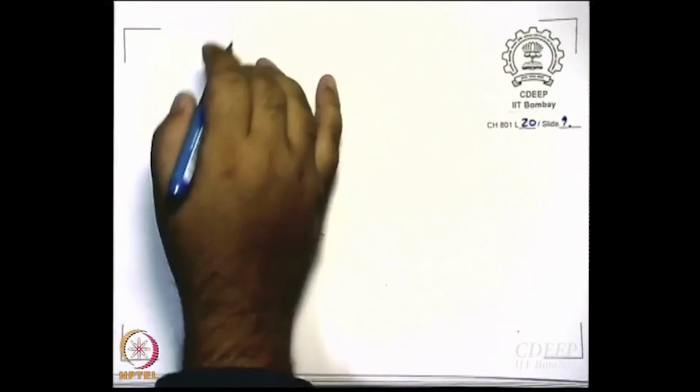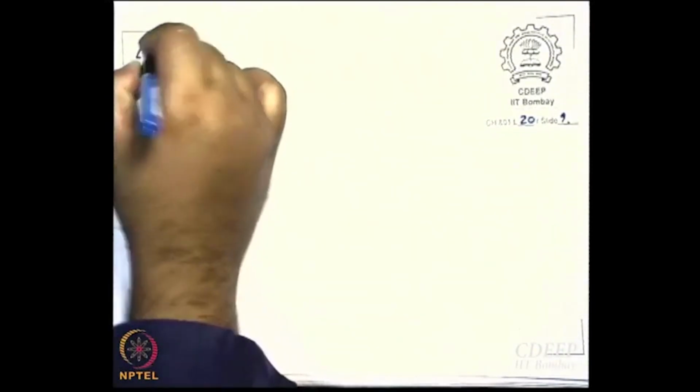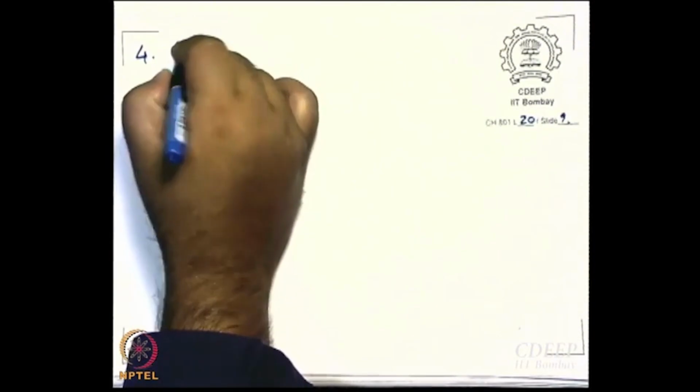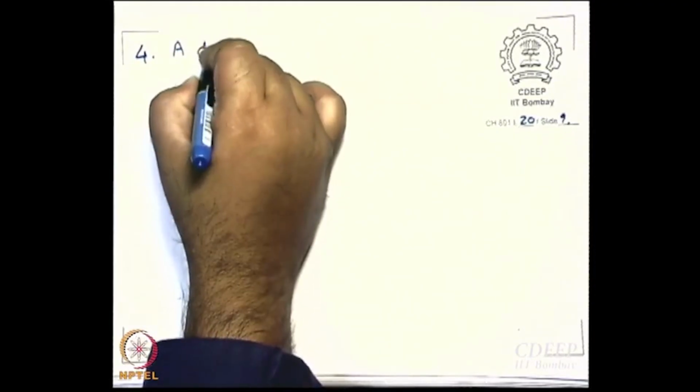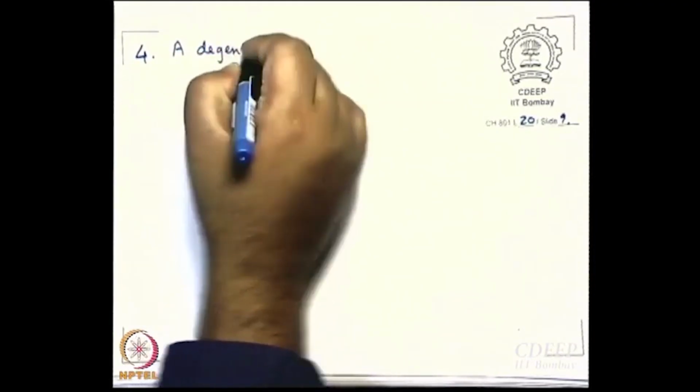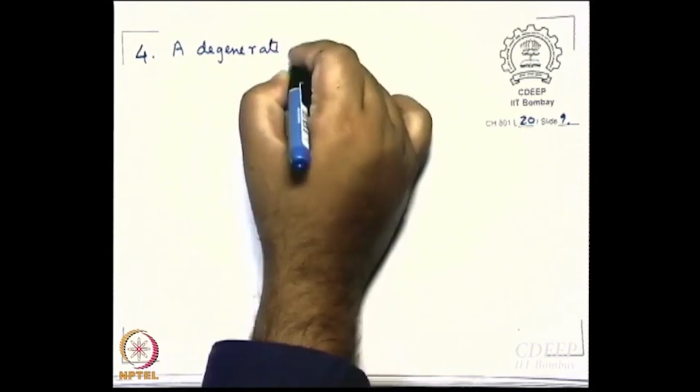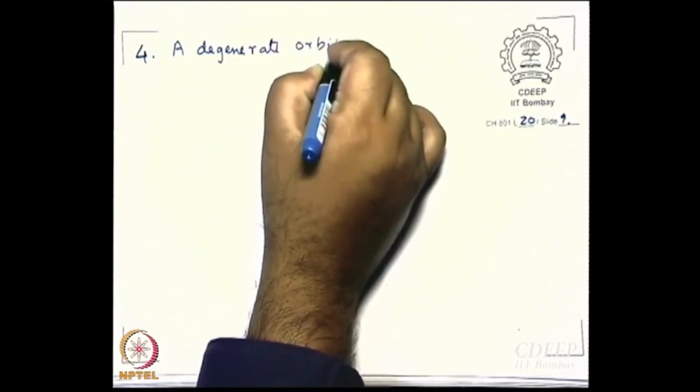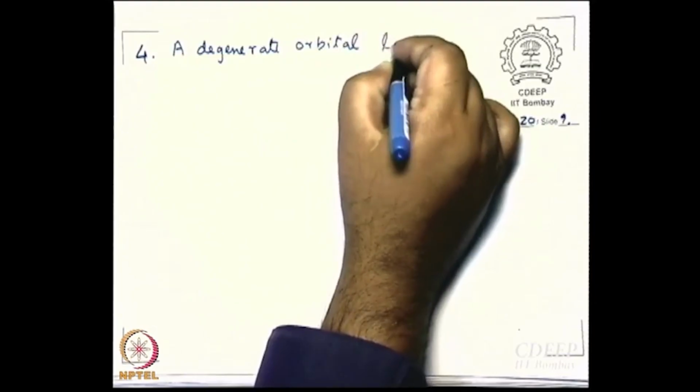Rule number 3 is done. Rule number 4. A degenerate orbital lacks an electron.